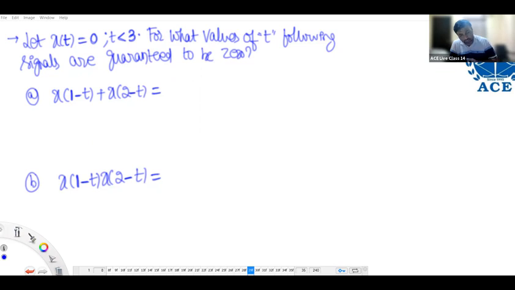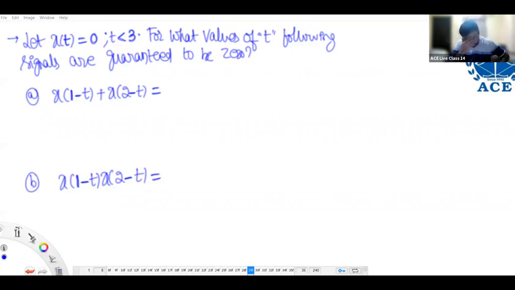First you check about individual signals, sir. If x of t is 0 for t less than 3, individually x of 1 minus t is 0 for what time, and x of 2 minus t is 0 for what time? Then you can think about addition and multiplication. No, Ashish.